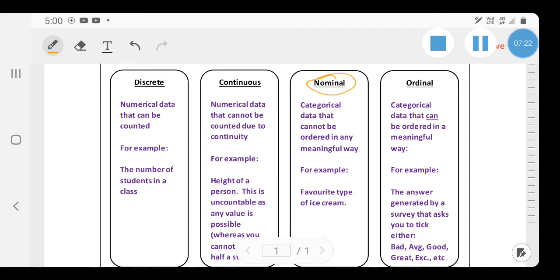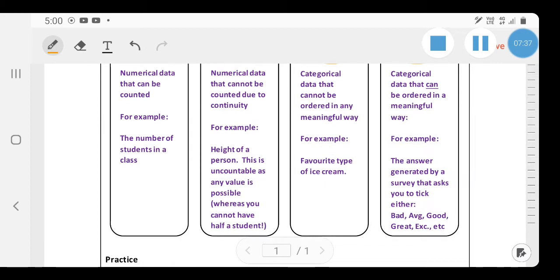All right, now what about ordinal categorical data? Well, that's data that's categorical, okay? It's not numerical, it's categorical, but it can still be ordered in a meaningful way. So let's think of an example. Here's one. For example, the answer generated by a survey that asks you to tick either, and there will be a few boxes in a row for you to tick: bad, average, good, great, excellent.